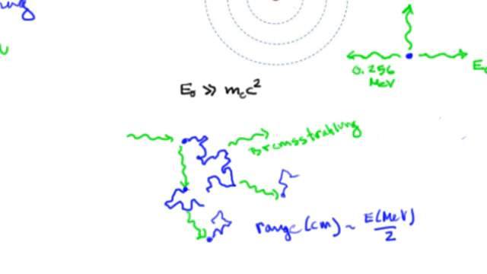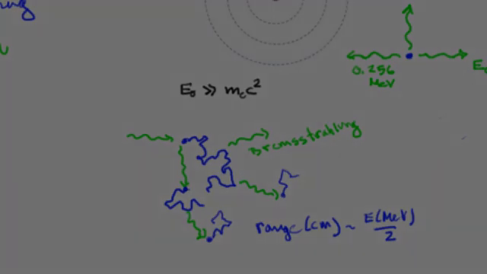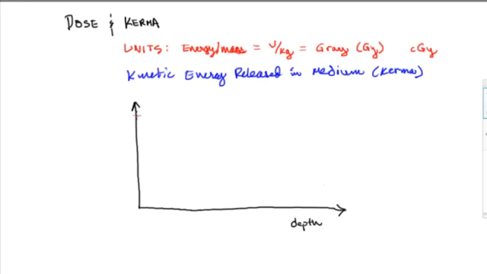So first of all, let's look at a plot of Kerma as a function of depth in tissue. So that curve looks like this. It's slowly decreasing with depth, and that's mostly simply because the number of photons decreases as you go down in depth.